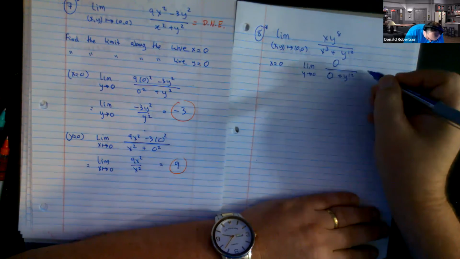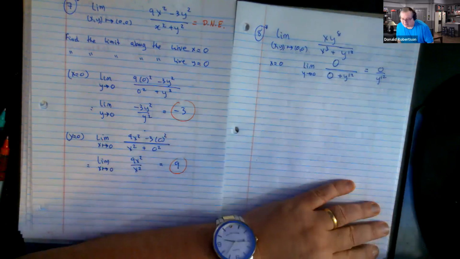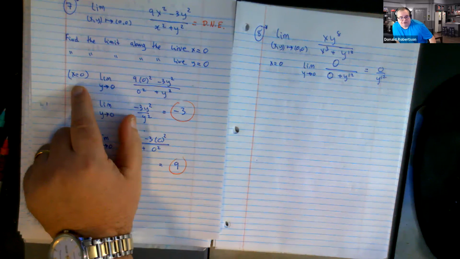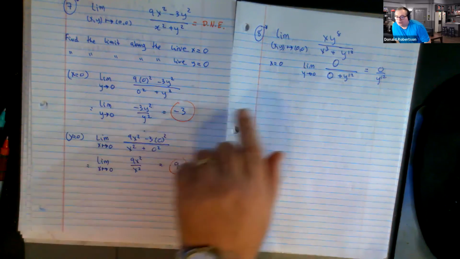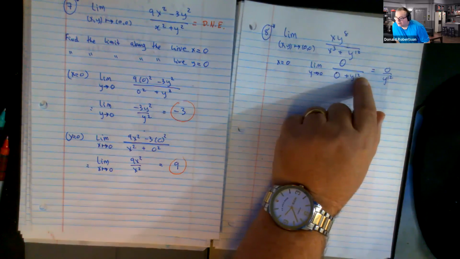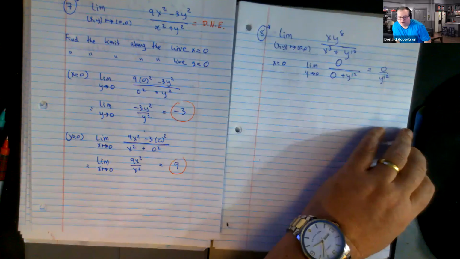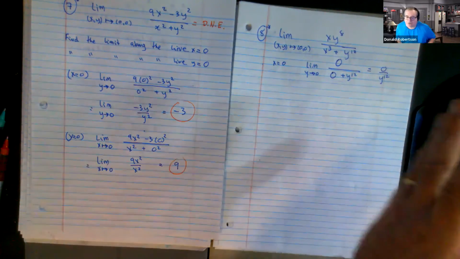And can you see that there is a problem with that guy? So this question doesn't allow us to do the limit along x equals 0, y equals 0. Don't we need a number here to work with? And 0 in the top over y squared is not the kind of number I want, right? I want something I can work with.